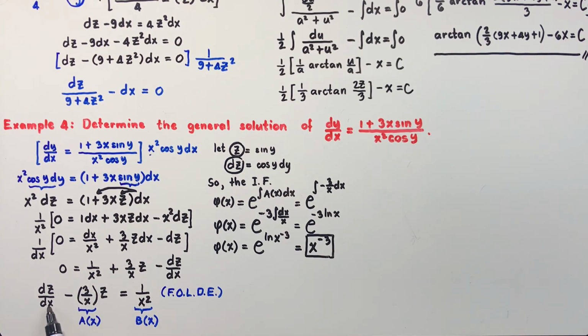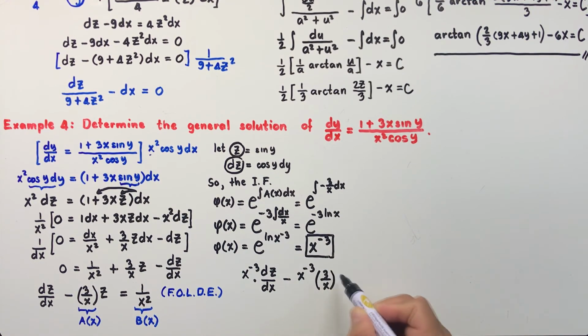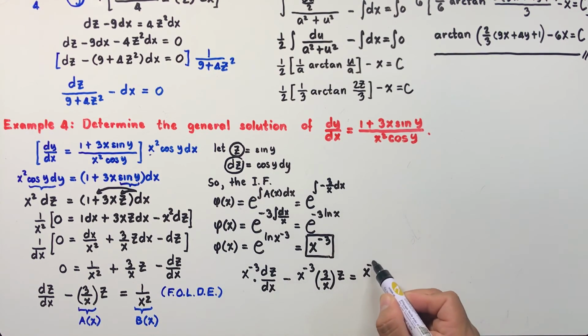So multiplying our first order linear differential equation by this integrating factor, we have x to the power negative 3 times dz dx, minus x to the power negative 3 times 3 over x z, which is equal to x to the power negative 3 times 1 over x squared.